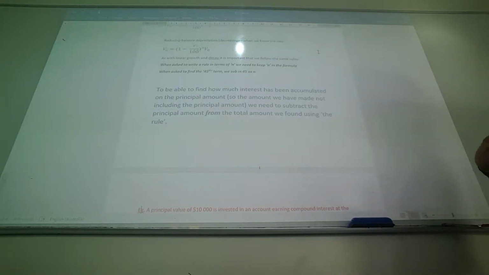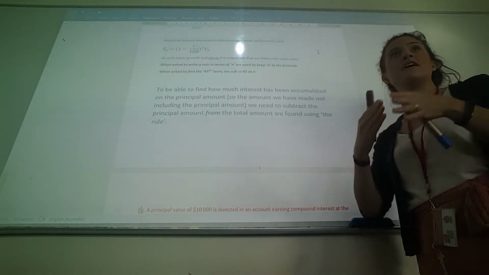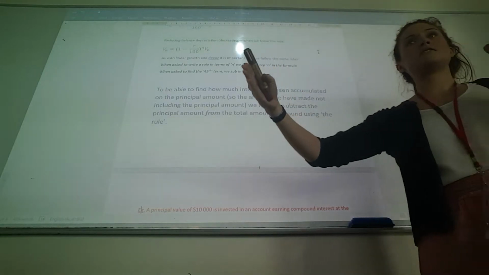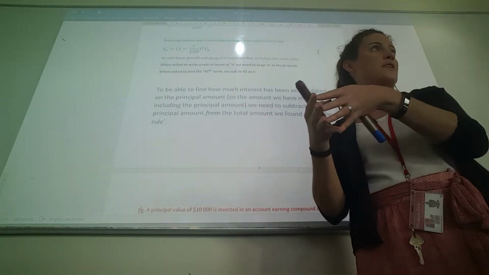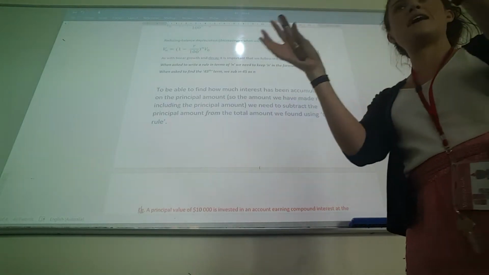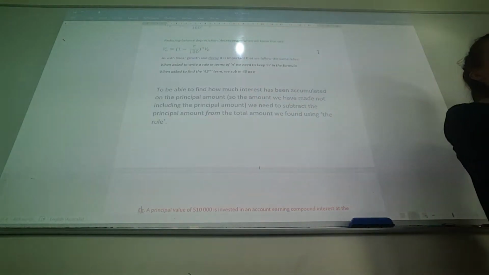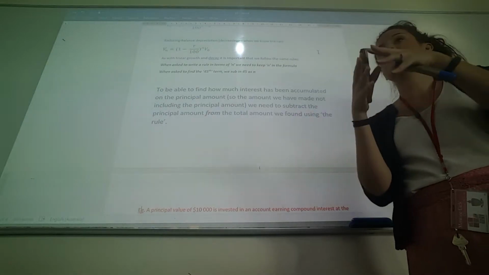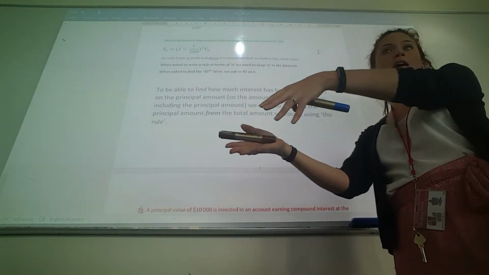So what that means is when we use compound interest, it tells us what the total is going to equal. If we're asked to find only the interest, we need to take out what we actually put in there ourselves, because we didn't earn that, we just put that in there.